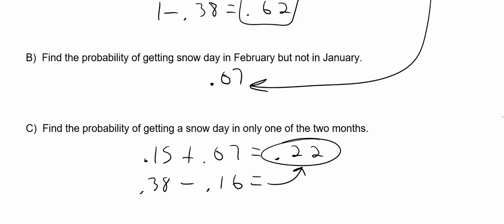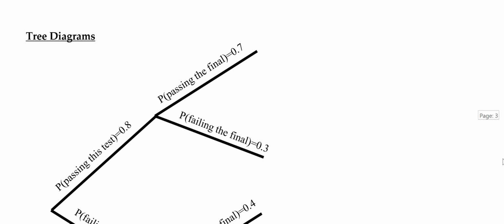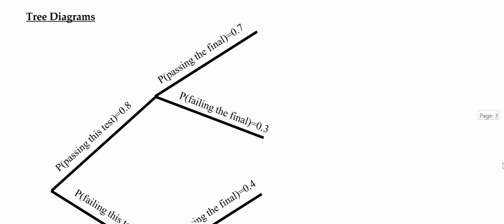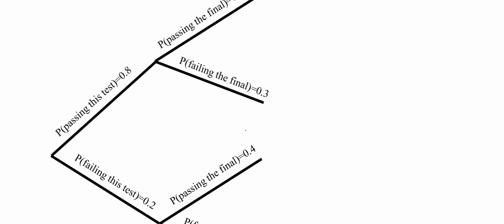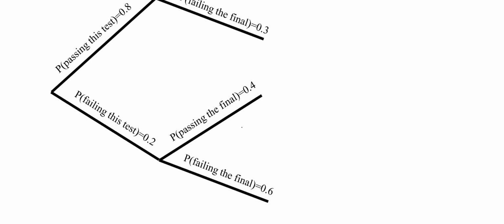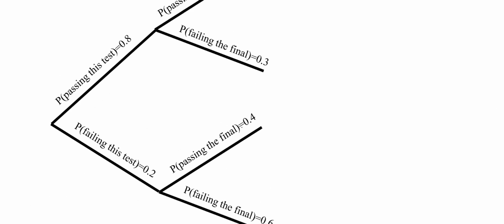So this last thing is pretty easy as well. It's called a tree diagram. You've seen these before. I don't know if we could fit this whole thing on here because it's too big to fit on the screen, but you have it in front of you. Basically, a tree diagram is you got probability of passing the test or failing the test, and notice that it's 0.8 and 0.2, so it adds up to 1.0, which makes sense. You either pass or fail it.